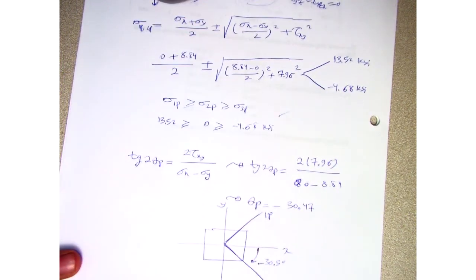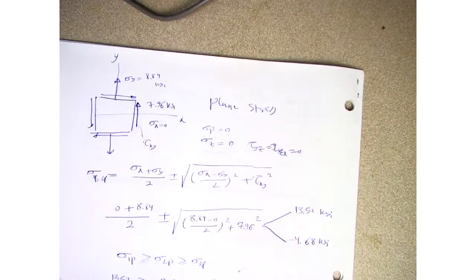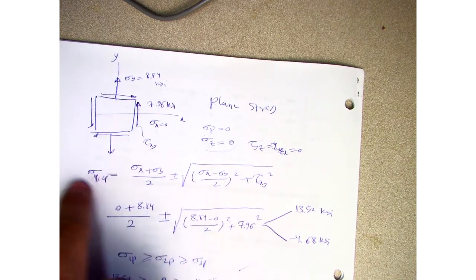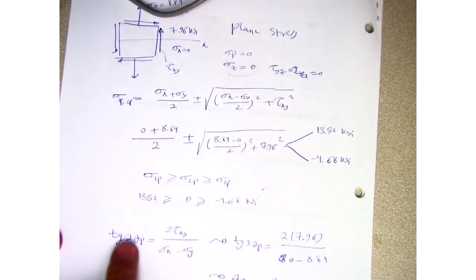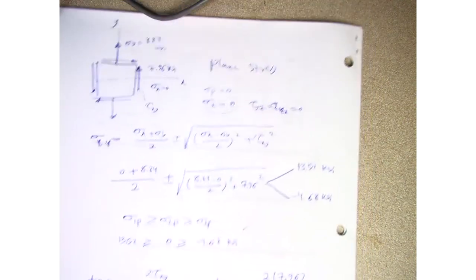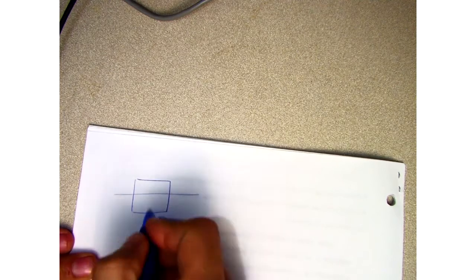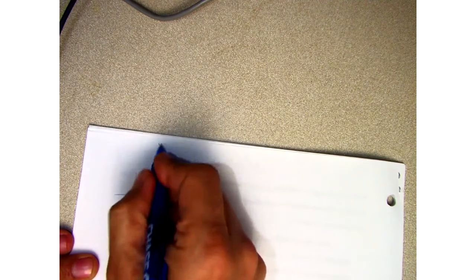Okay, so to find principal stresses, you use this formula, and for the angle, you use this formula. So if you ask me what is the stress, let's say this is my original x and y axis.